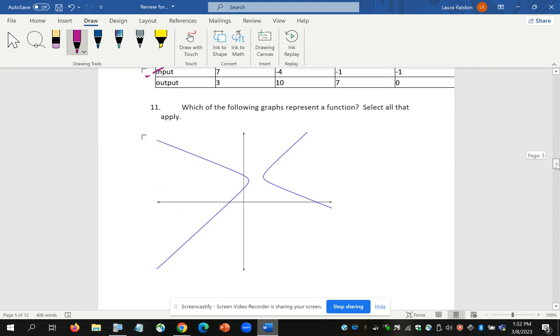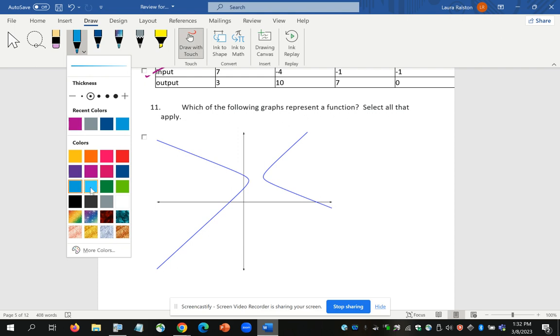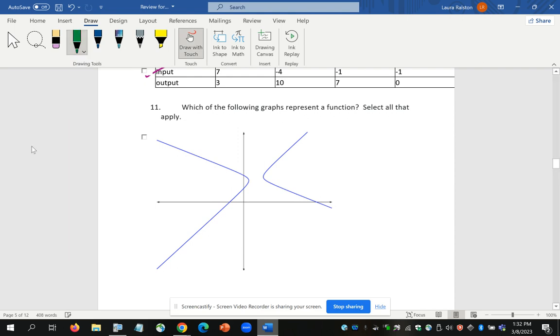Question 11 is also multiple select, and you're asked to determine which graphs represent a function. Graphically, we can use the vertical line test. If I can draw a vertical line through the graph and it only crosses one time at any given point, then I'm good to go.